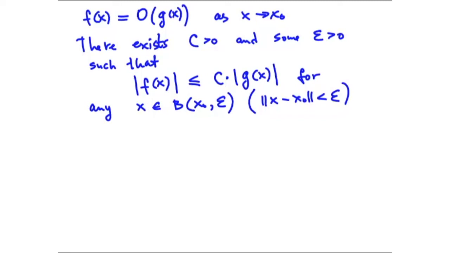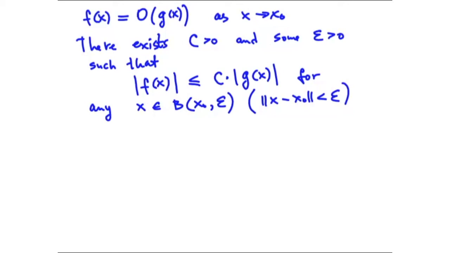But let's say if my error is expressed in terms of some complicated function f of x, I can replace that error term with this expression here where g of x is selected to be a simpler function of x.